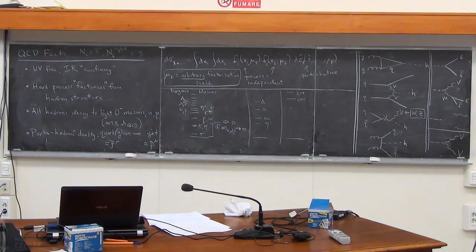It is broken. It's there in the action, but it's not there in the path integral. The measure of the path integral violates it, that's called an anomaly. So the U(1) axial isn't there.